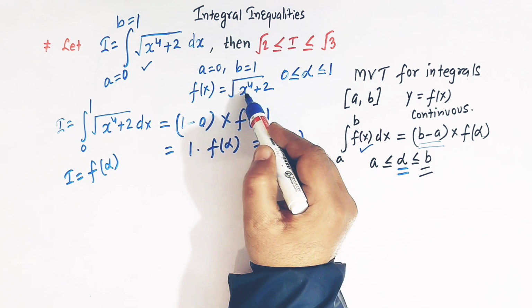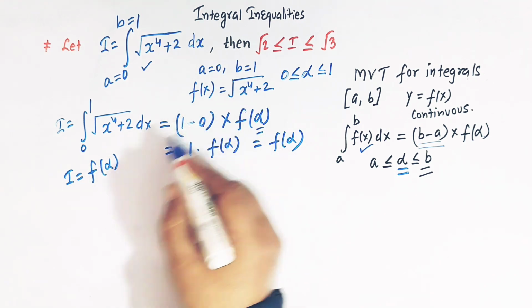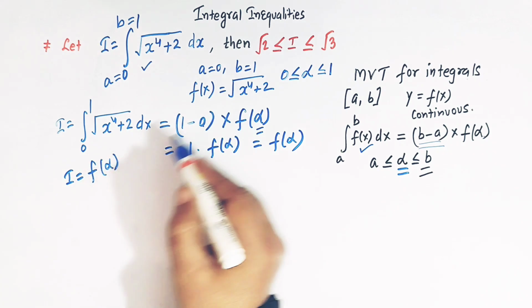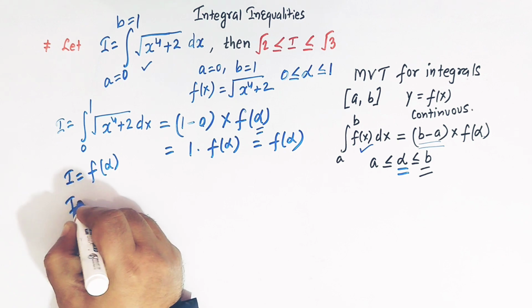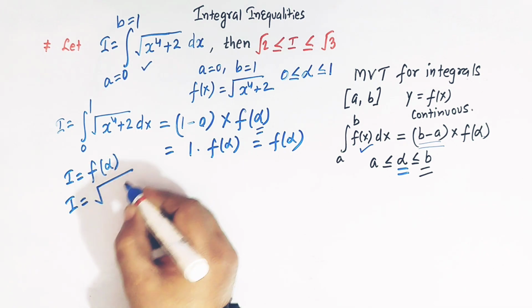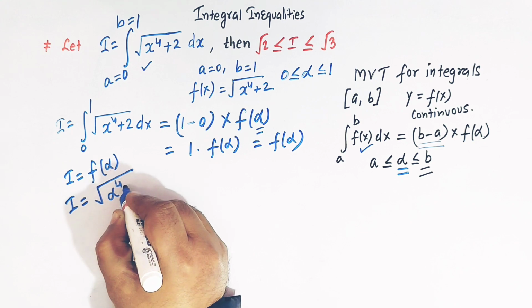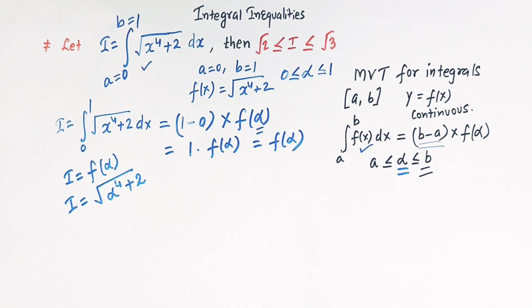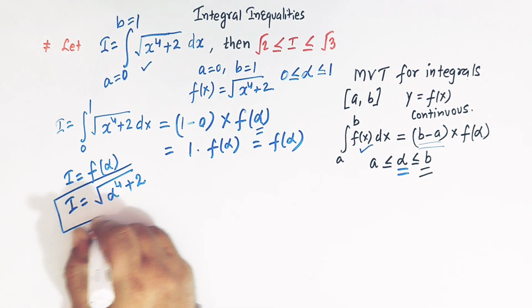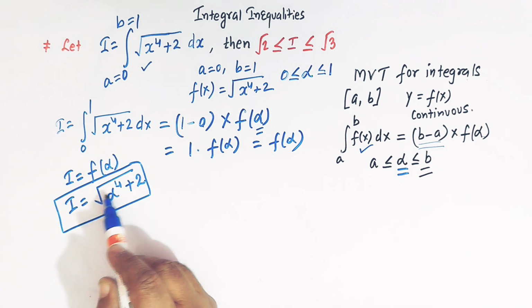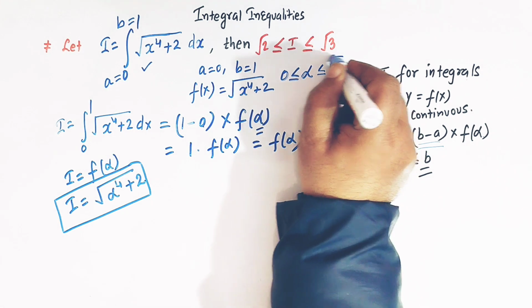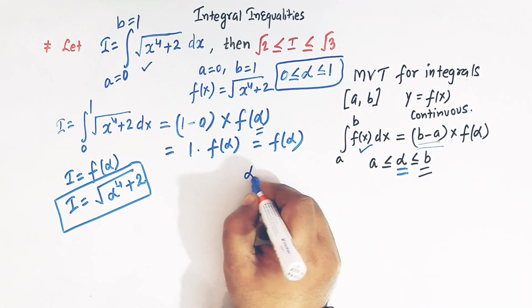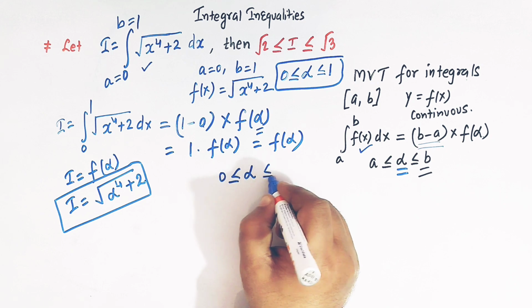So our integral I is now equal to f of alpha, and f of x is equal to square root of x raised to 4 plus 2. We can write the value of f of alpha by simply replacing x by alpha. So we have I equal to square root of alpha raised to 4 plus 2. And now we have this inequality, that alpha lies between 0 and 1.